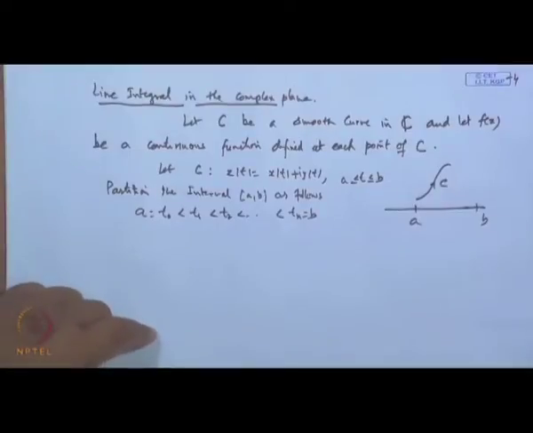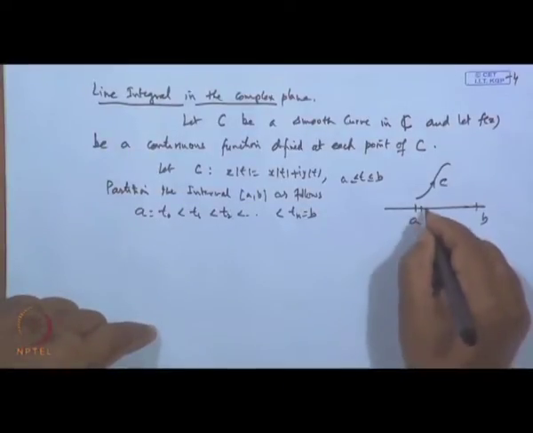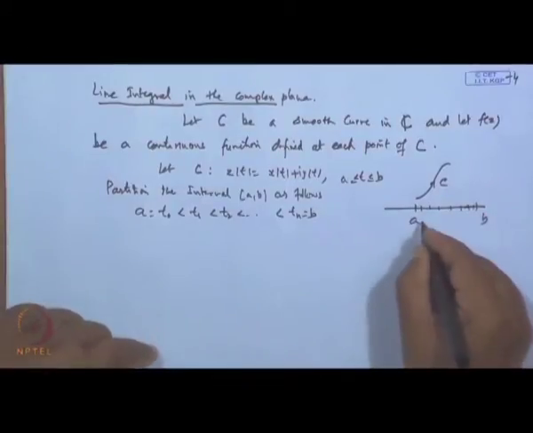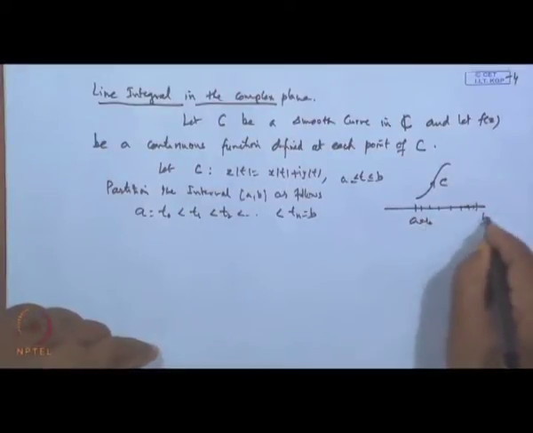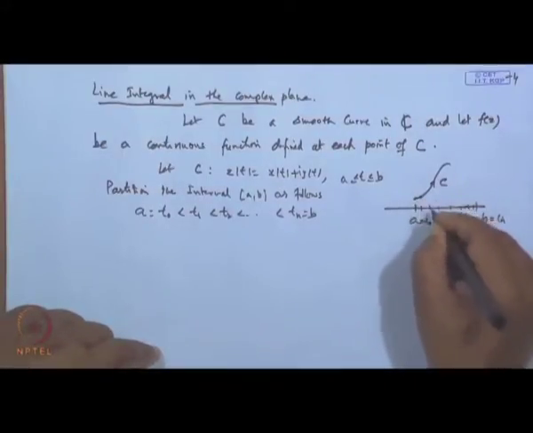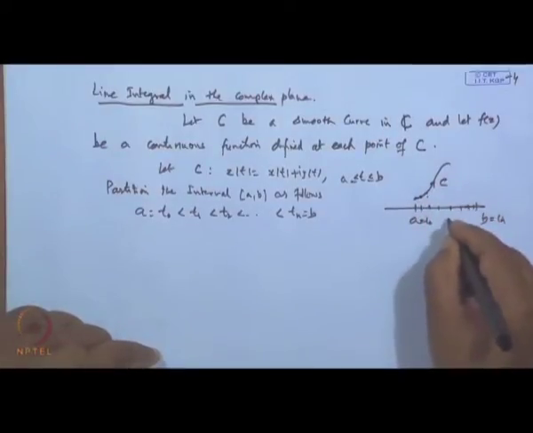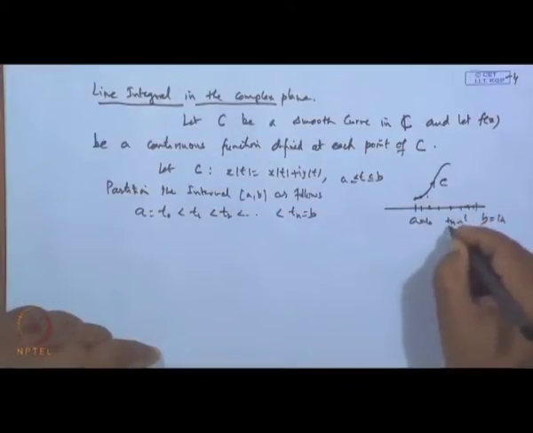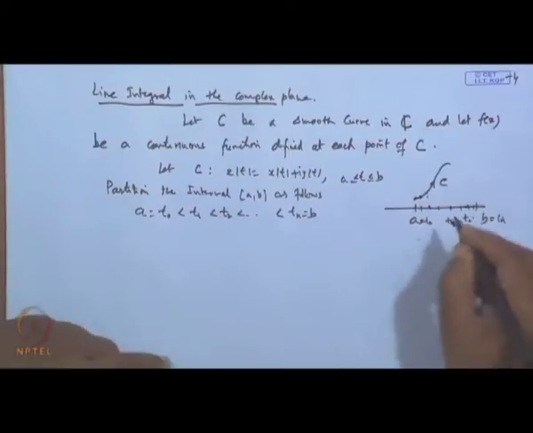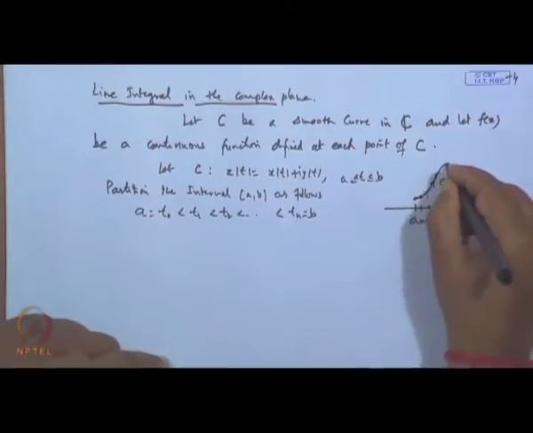Once you partition this interval into subintervals by choosing the points t0, t1, t2, up to tn, then corresponding to t0, t1 we get points on the curve. Suppose we have a point here, t(i-1), and here is t(i); the corresponding points will be somewhere here.